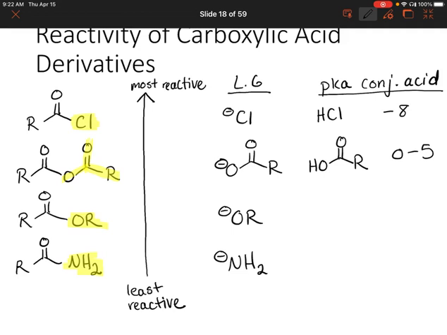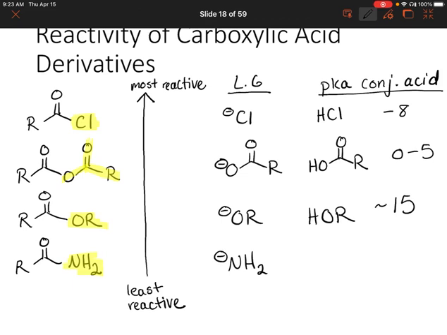Same with alkoxides, which is our next leaving group for the ester. So the conjugate acid of an alkoxide is an alcohol. And the pKa of alcohols is around 15, kind of in that range. Again, it depends on that R group. So we'll do approximately 15 there.